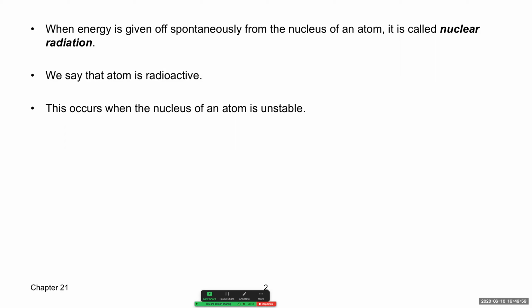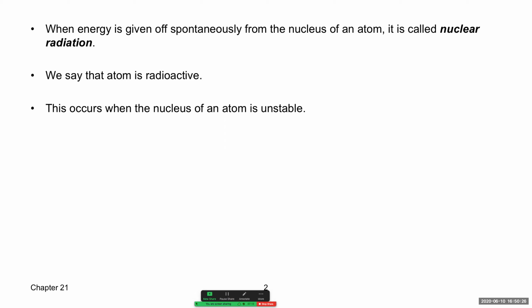You might think of it as having too much energy stored in the nucleus, and so it releases some of this energy to become more stable. So radioactive atoms that are producing this nuclear radiation are doing that to become more stable.